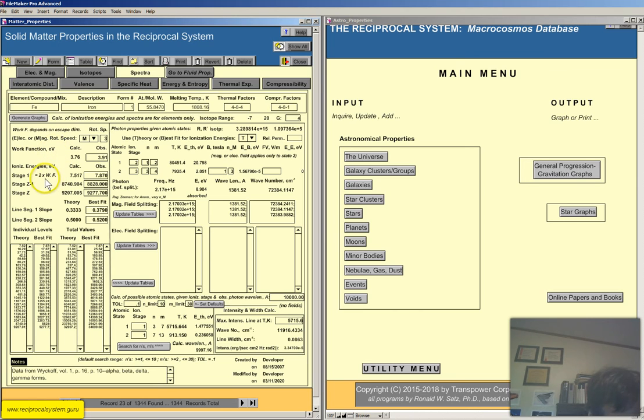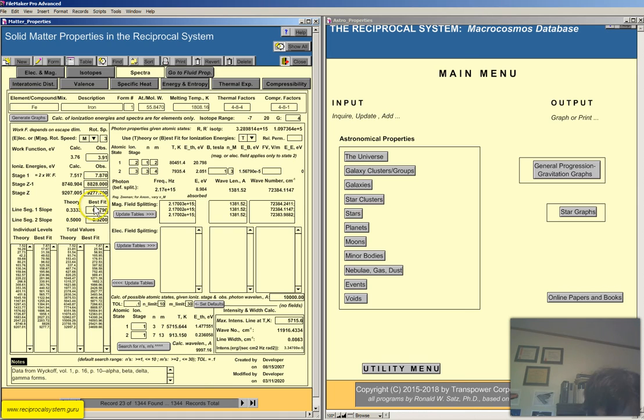So for stage 1, this is 2 times the work function, or 7.517. The observed value is 7.870. Then I calculate z minus 1 and z, and you can see it's pretty close, not exact, but pretty close. Now there are 2 slopes. Ionization energies have 2 segments. The slope of the first segment is given by the theory and then by best fit, and that's line 2.